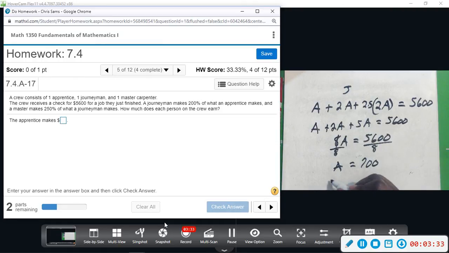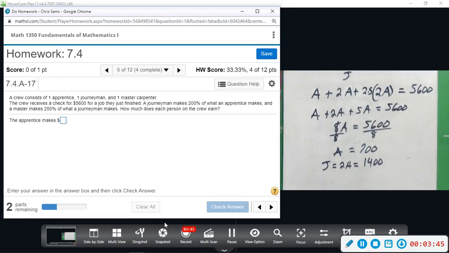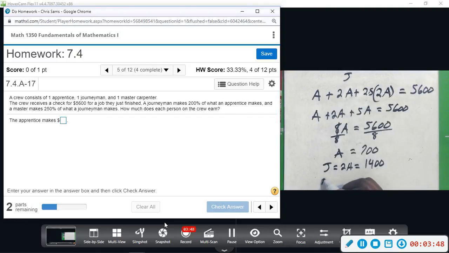Okay, so we start filling in the other pieces. The journeyman, which makes 2A, 2 times A, he makes 2 times 700, which is 1,400. Okay, and then the master makes 2.5 times this, which simplified to 5 times that, 5 times 700, which is equal to 3,500.